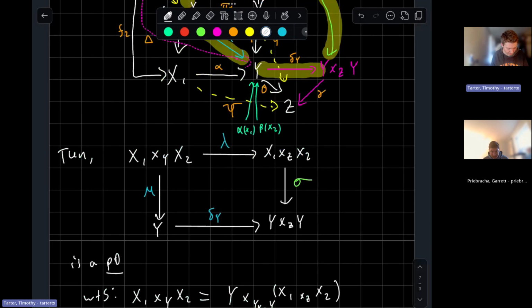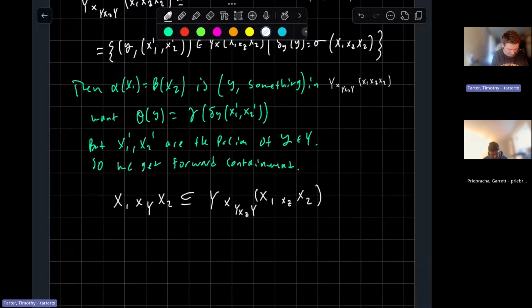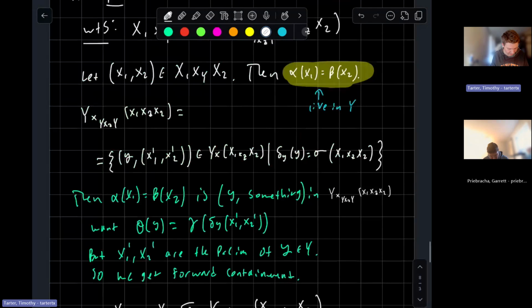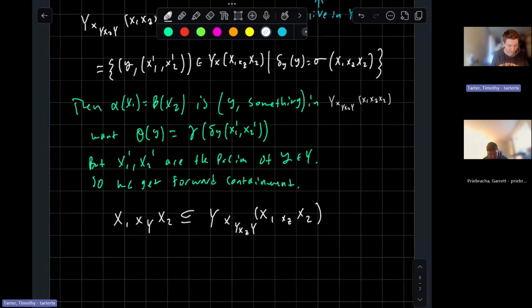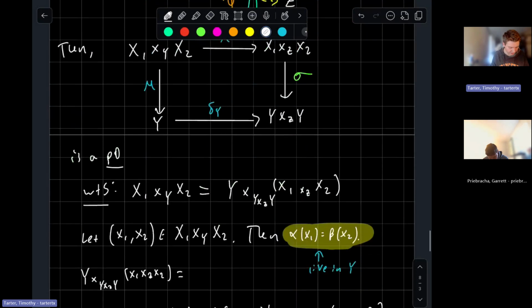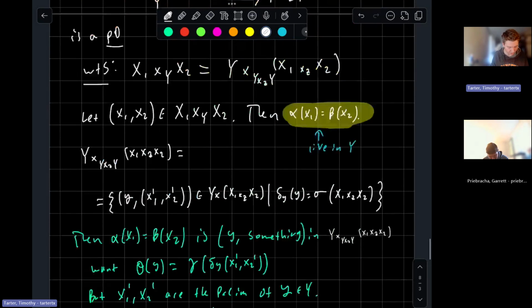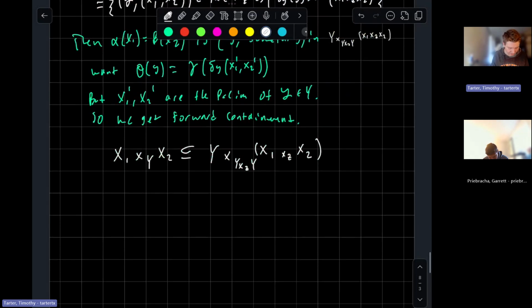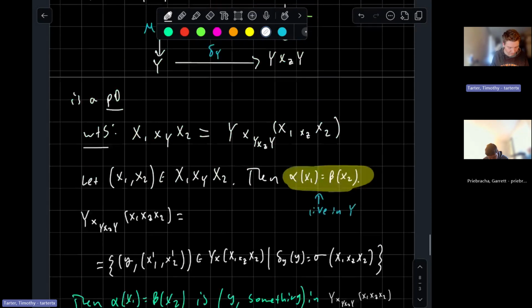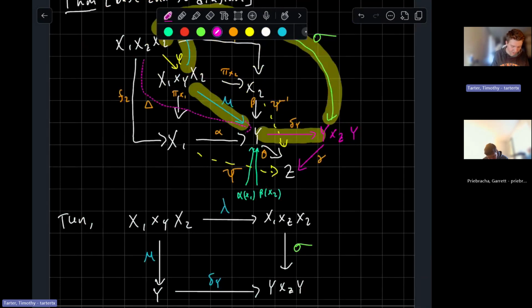And now we want to put something in Y cross the fibered product of the diagonal morphism with X1 fibered product X2 and show that it is in the fibered product of X1 and X2 with Y. This direction is kind of trivial, because what we're doing is making a loop.